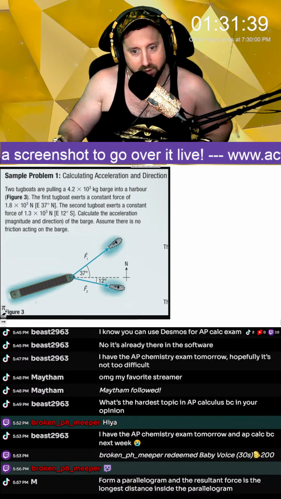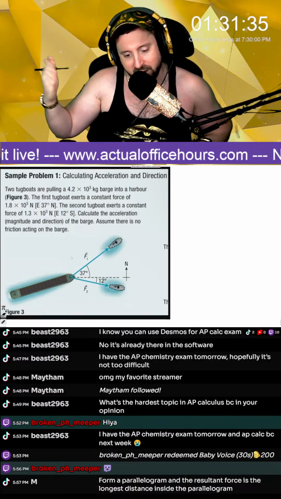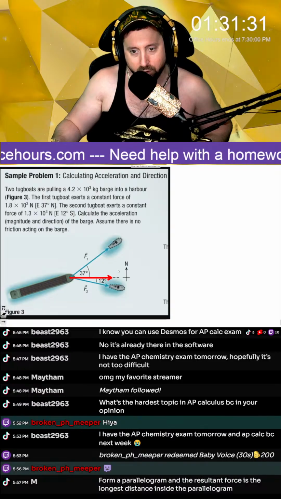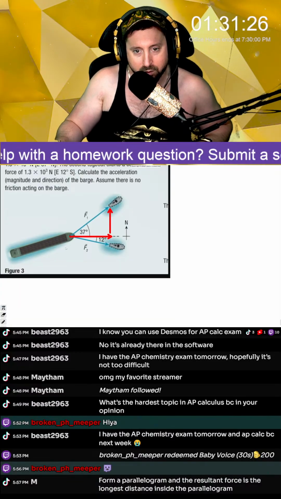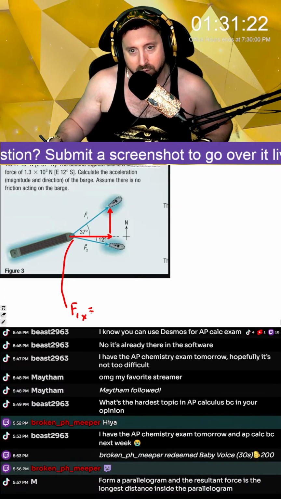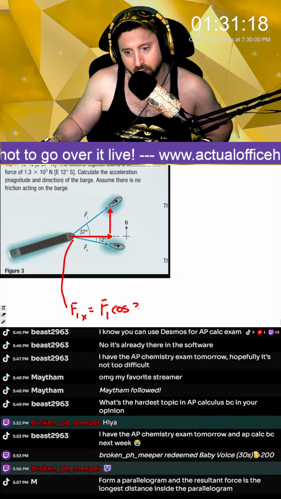You want to break these into components, Jay. So instead of having this force F1, which points in a random diagonal direction, you want to create 2 different component forces for it. So this right here is going to be F1x, and this is going to be equal to F1 cosine of 37 degrees.